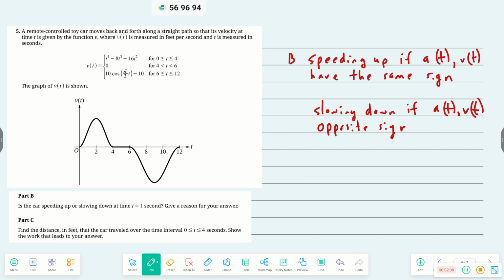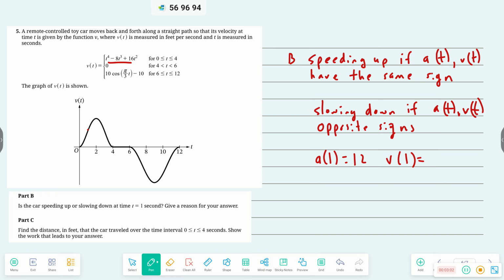Writing out your facts, I think, is helpful because I can earn some points potentially. At time t equals 1, we've already figured out that the acceleration was 12. That's what part A was for. We just need V of 1. You've got V right there. You know it's positive, but you can't tell on the graph.